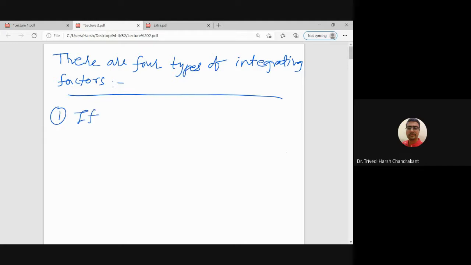The given differential equation is M dx plus N dy equals 0, where M and N are functions of two variables.